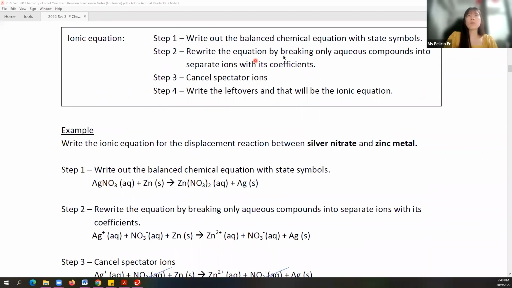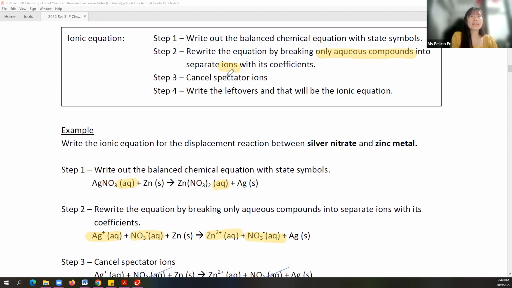But take note, only aqueous substances can become ions. That means solid, liquid, gas cannot become ions. You see over here, when it's aqueous, it becomes ions. But if it's solid, you just copy the same. Solid, liquid, gas, you cannot change it. It must be exactly the same. Only aqueous, you then break apart. So that is the second step.